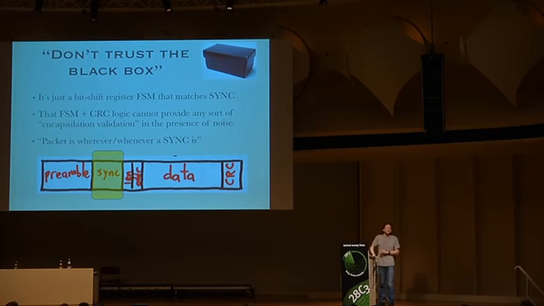Specifically, I've attacked the synchronization or start-of-frame delimiter matcher. There are other machines inside of every computer that are less than Turing machines. But there are exploits that can be written for things that are less than Turing machines.